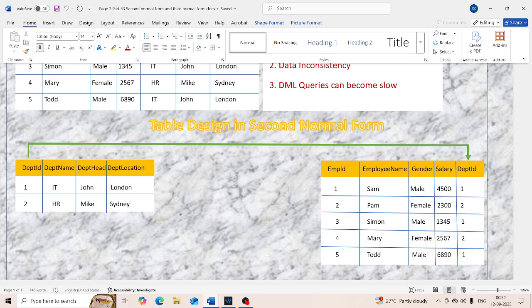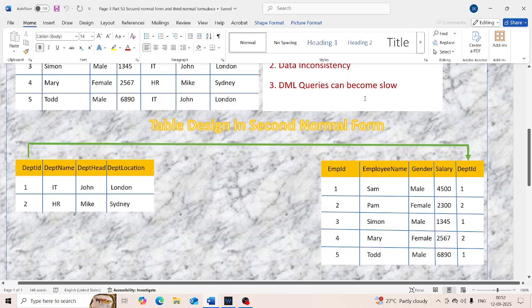So obviously we don't have disk space wastage.